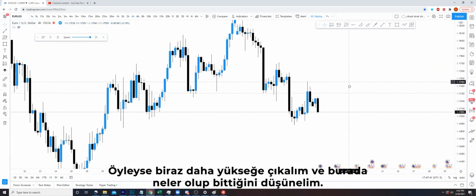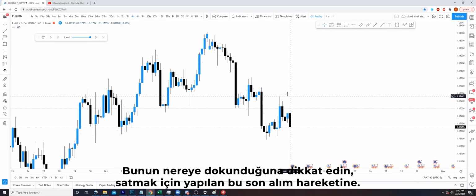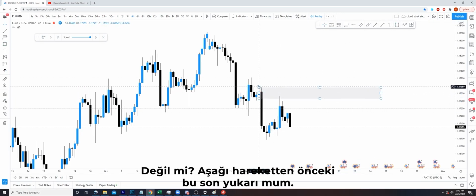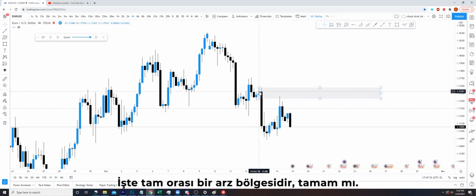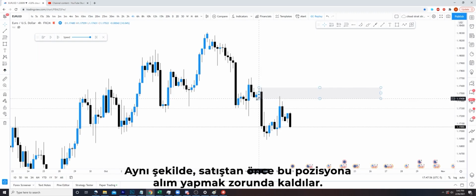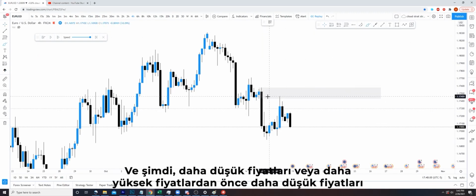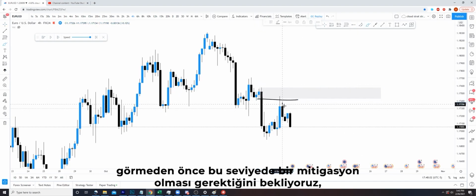So let's get a little bit higher and just think about what we have going on here. Notice where this tapped, which was this last buy to sell movement, right? This last up candle before the down move. That right there is a supply zone, okay? The same way. They had to buy into this position before selling off, and now we expect that there has to be mitigation at this level before seeing either lower prices or lower prices before higher prices.